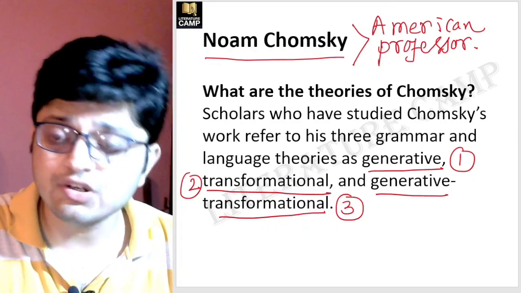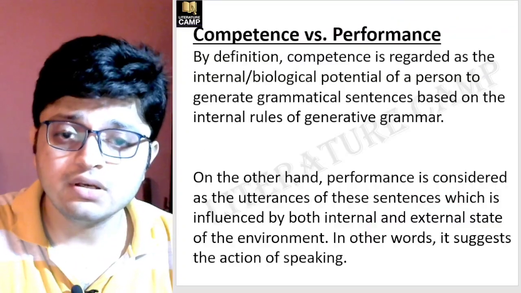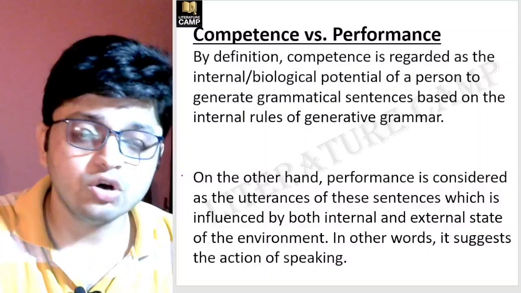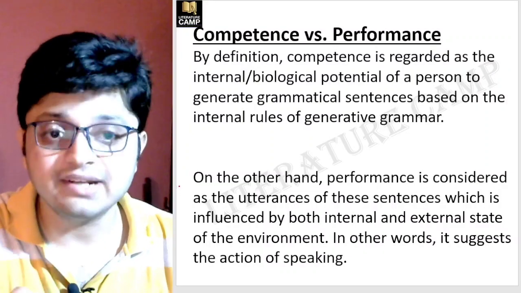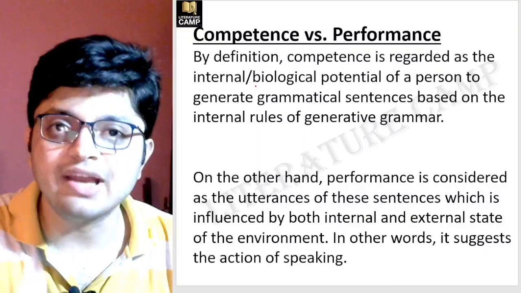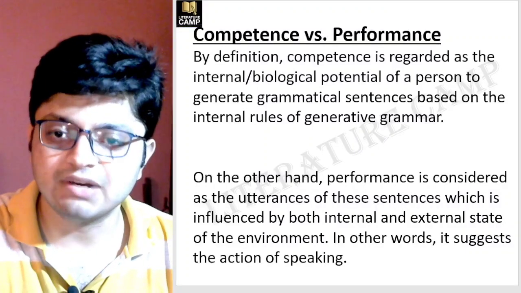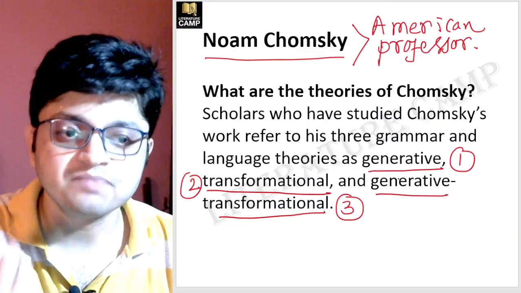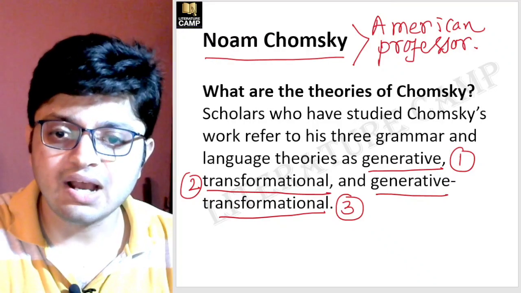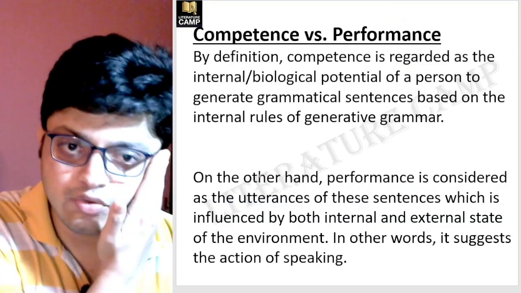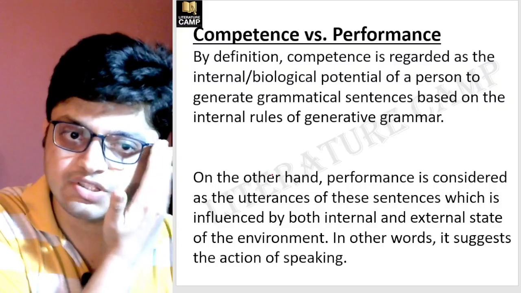So one question can come: to explain which theory has he explained the concept of language competence and language performance? The answer is generative grammar theory. All right, so now I shall be discussing language competence and language performance.